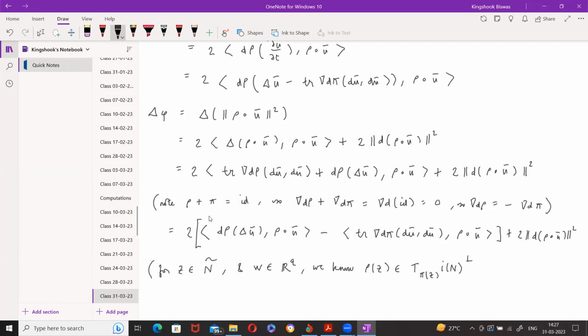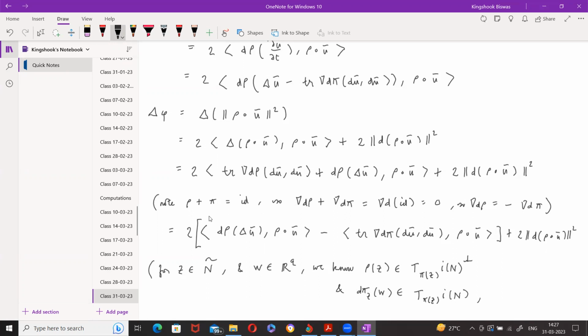So the orthogonal complement. And d pi at z of w belongs to the tangent space to the submanifold, right? Because pi takes values in the submanifold.